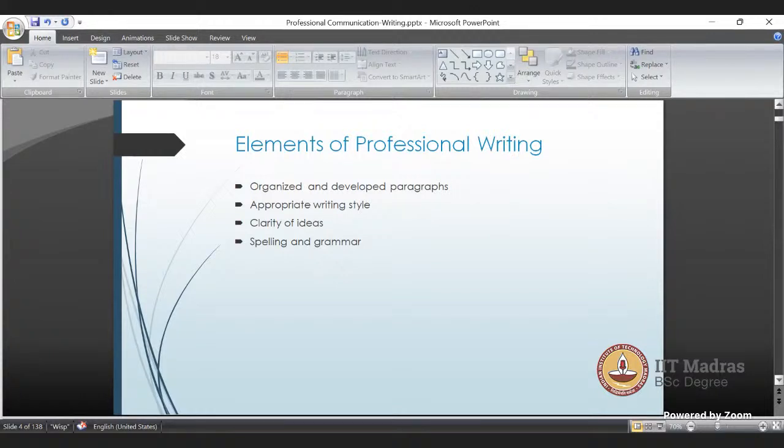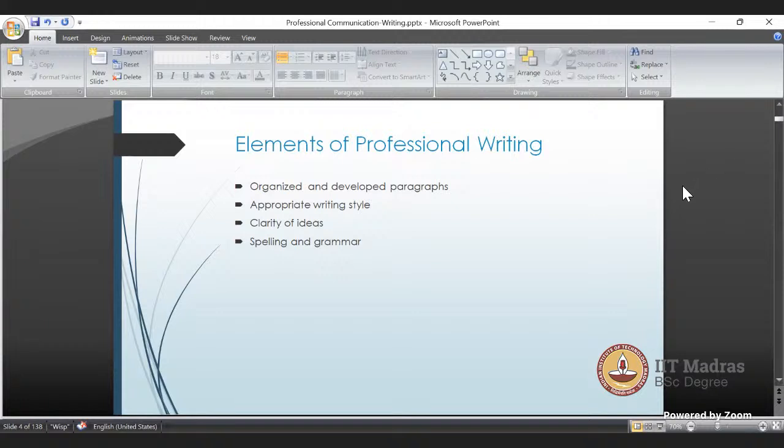In the last 4 weeks, we have been looking at how we can organize and develop a paragraph. In terms of organization, we had 10 to 12 different methods, and we also looked at the development of the paragraph itself.